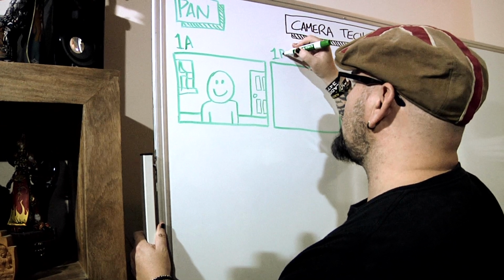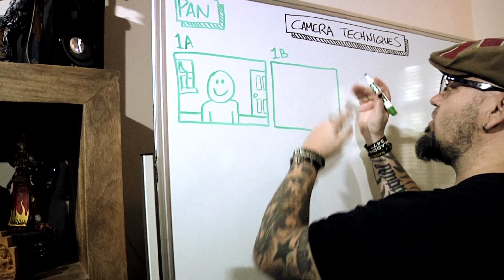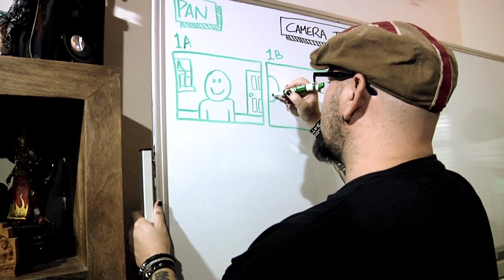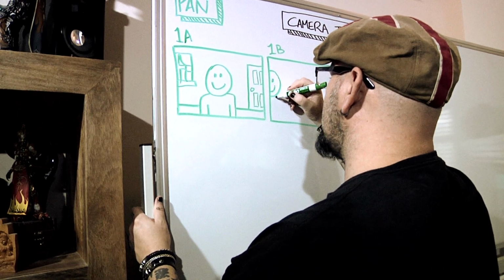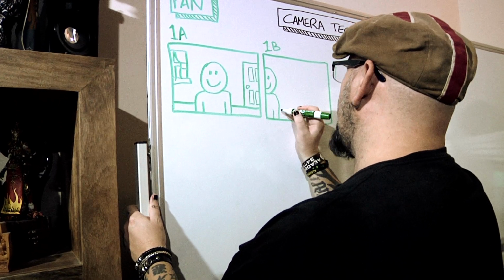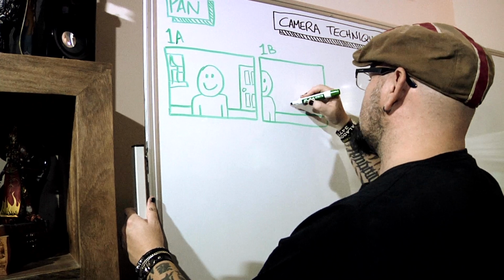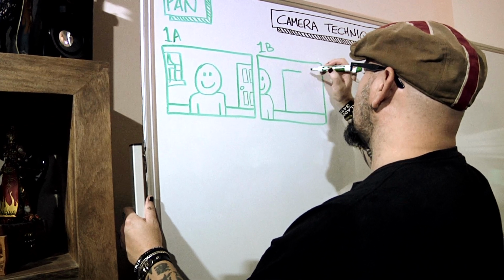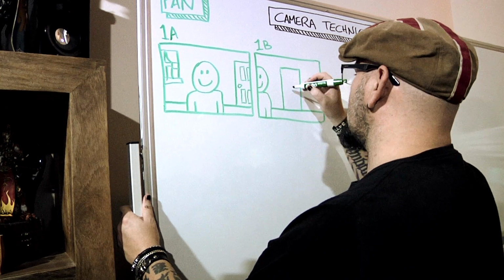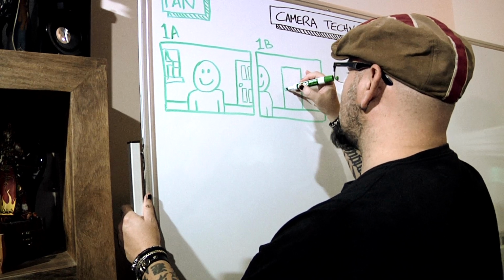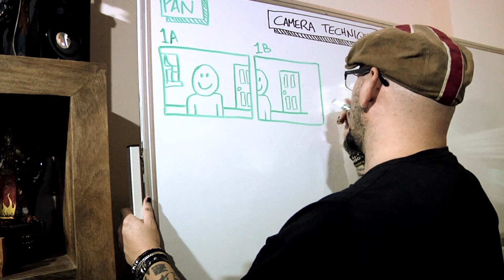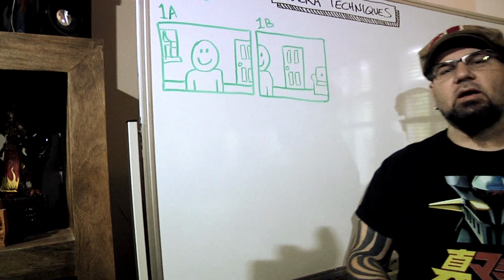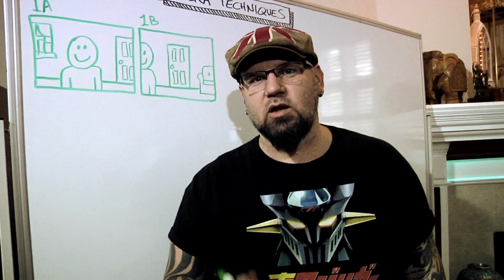Because we are now panning over this way, maybe we only see a little bit of Smiley Face Dude, and then when we pan over to the mysterious knock at the door, we can see the door center frame. Maybe there's also a chair, part of a couch or something. So that would be one way of illustrating a panned movement.